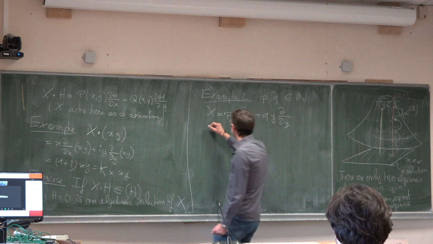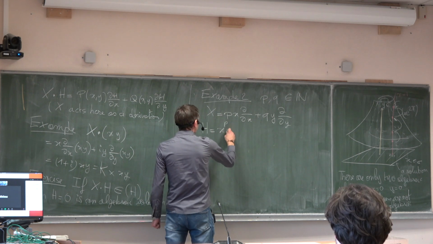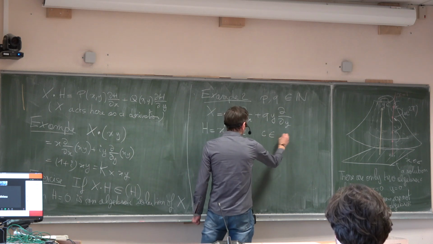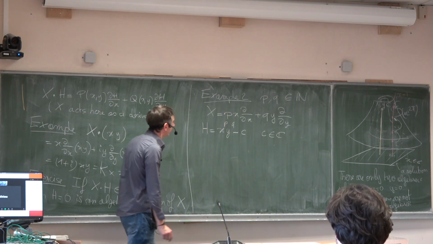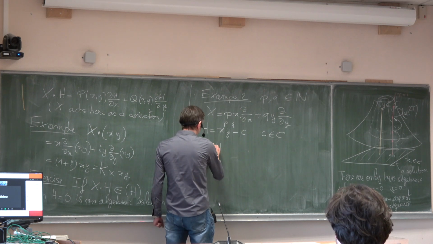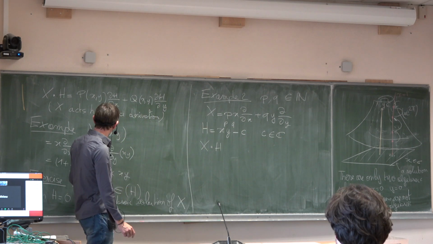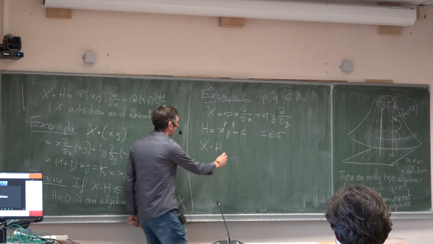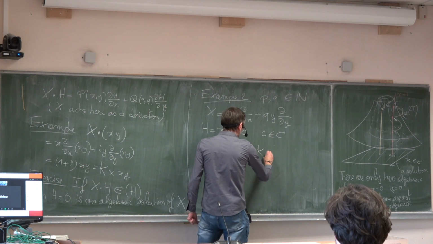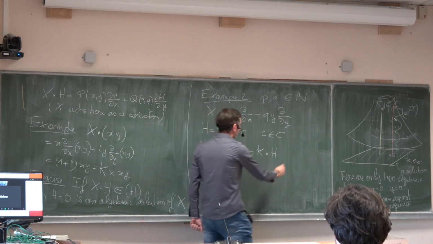And now if you take H equal to x^p y^q minus C, where C is any complex number, you can show that if you apply X to H, X as a derivation, like here, then you will find something times H. You just have to make K equals 0.